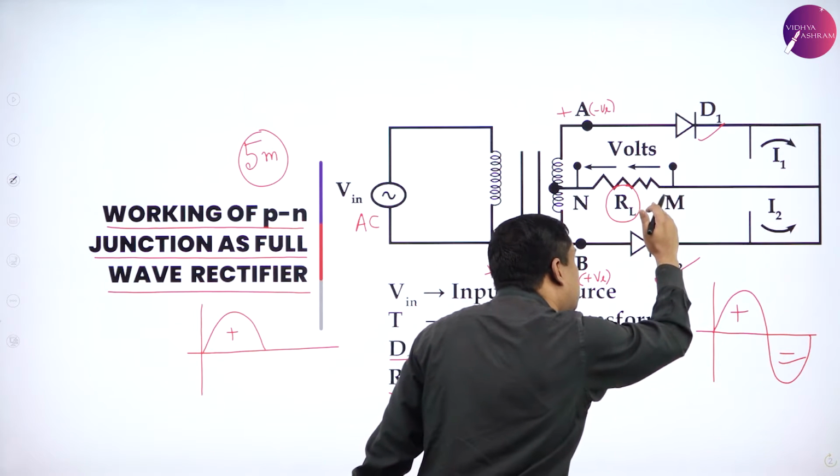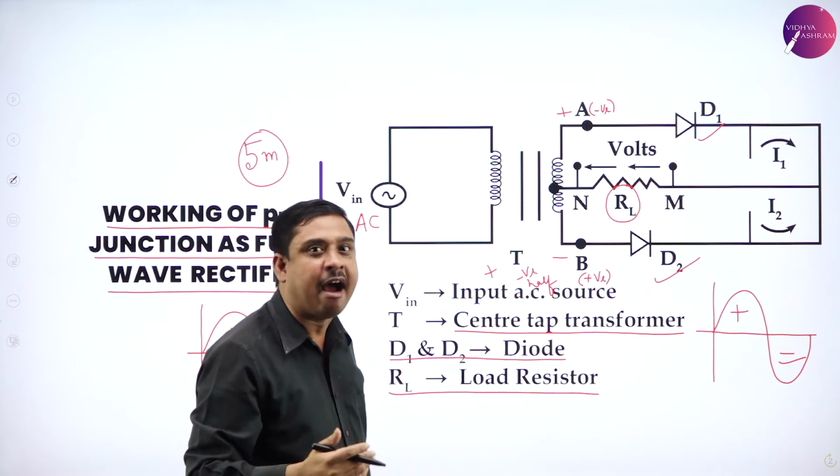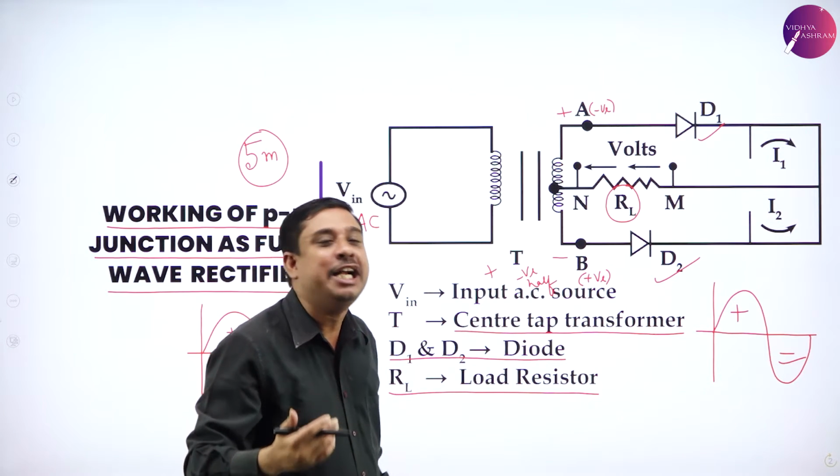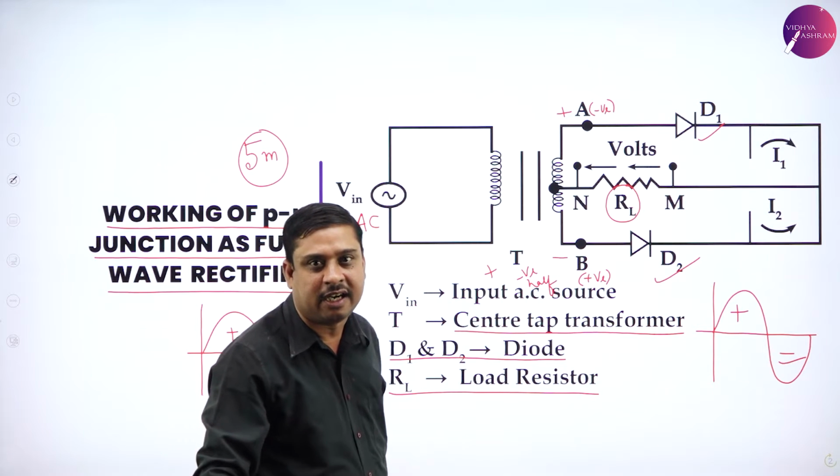Since D2 is now conducting, current I2 flows through the load resistor.